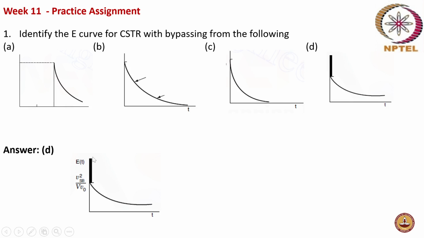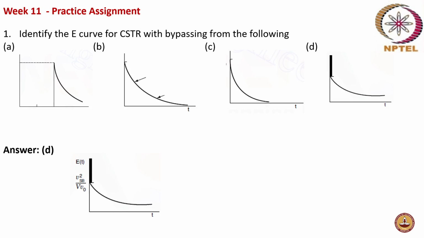This portion of rapid fall corresponds to the bypassing, because that fluid comes out of the reactor almost in a very short time. That is why there is a rapid fall in the RTD curve, followed by an exponential decay, which is typical of a CSTR.